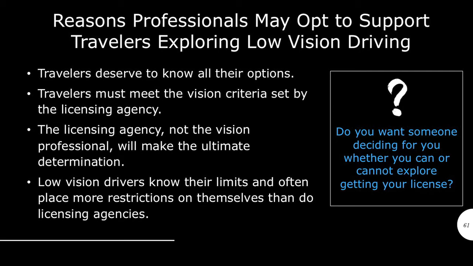They know their limitations, so they typically put more restrictions on themselves. They may have a license that's not restricted at all by the licensing agency, but they may choose to only drive during daylight hours, or they may choose not to drive on an interstate. So many licensed low vision drivers will put their own restrictions on themselves.